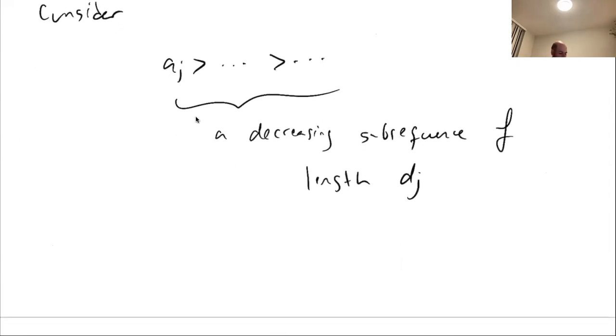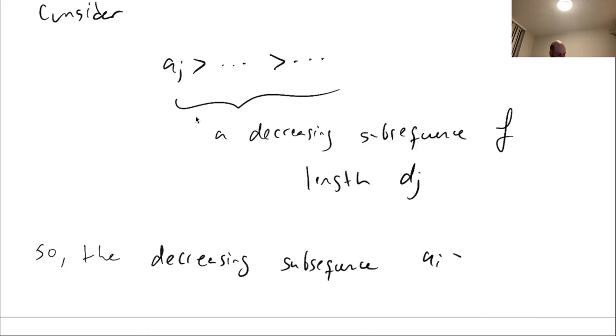Now, if I add ai to this decreasing subsequence, ai is bigger than aj, which is bigger than the rest.